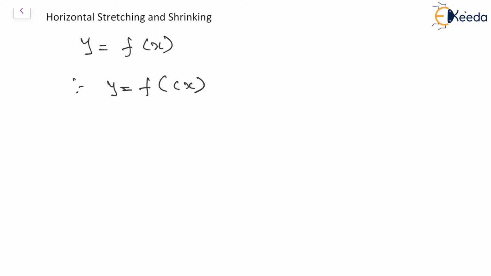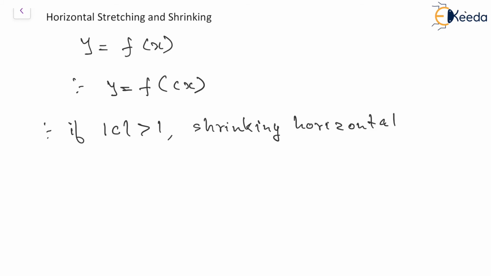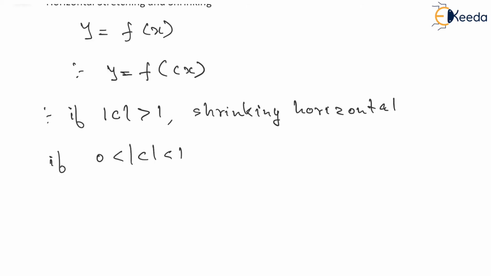So in case if we have mod c value to be greater than 1, in that case we will see shrinking, and that will be horizontal in this case. Whereas if the absolute value of c is greater than 0 and less than 1, in that case we'll see a stretching which will be horizontally.